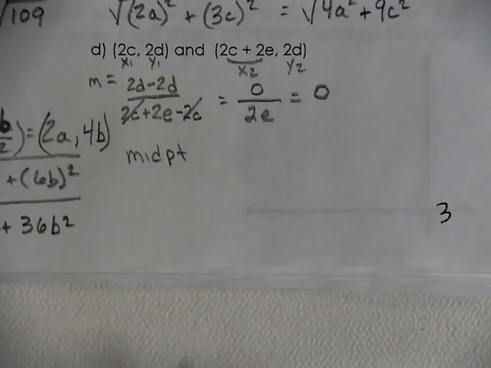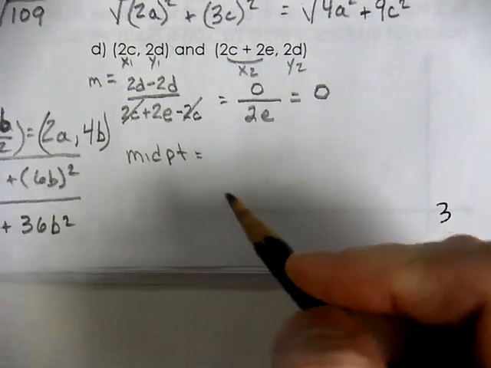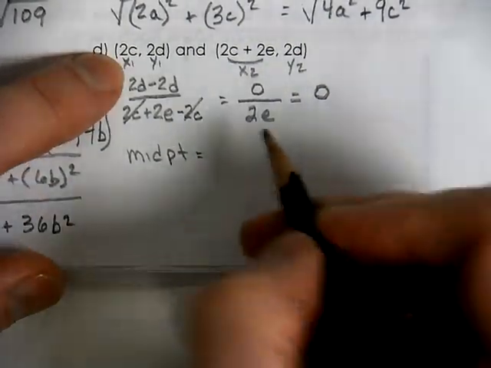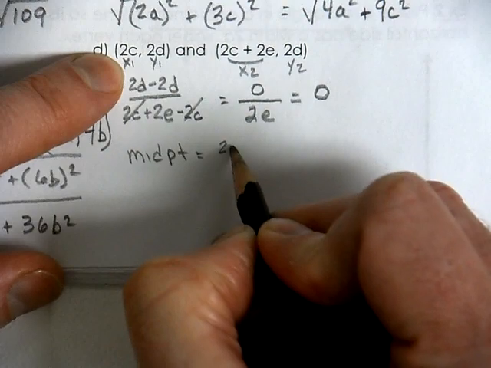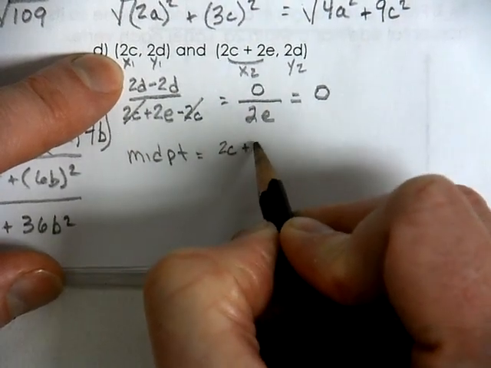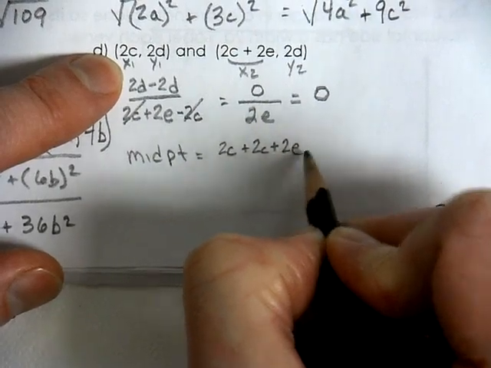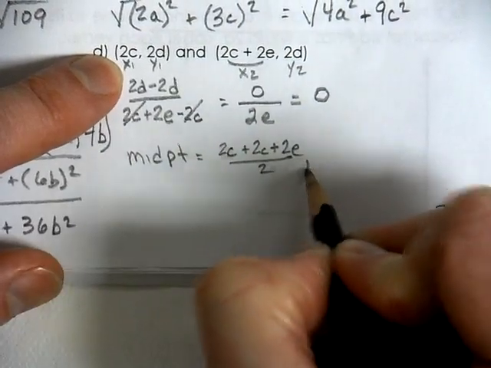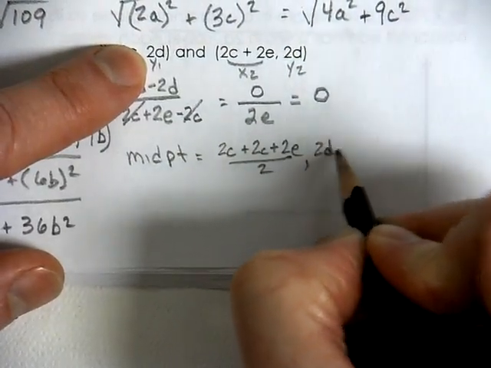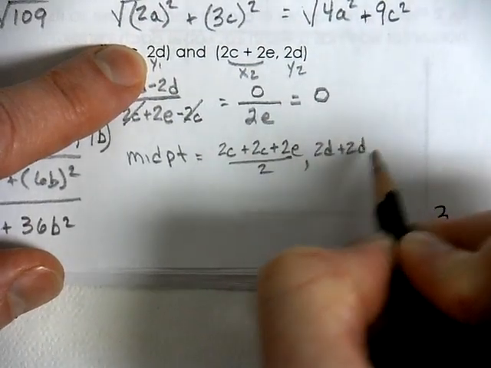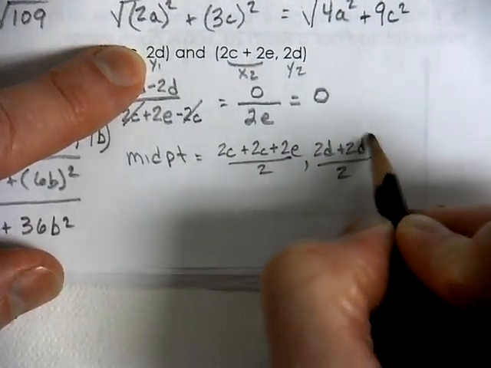We have our midpoint. The midpoint is the average of the x's. 2 cats plus 2 cats and 2 elephants. 2 dogs plus 2 dogs. 2D plus 2D.